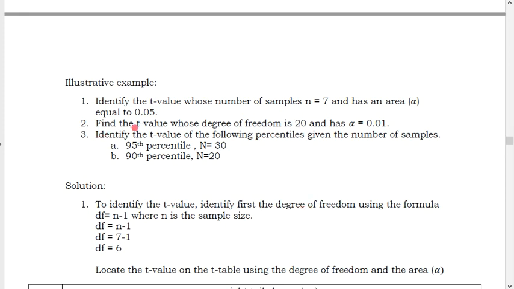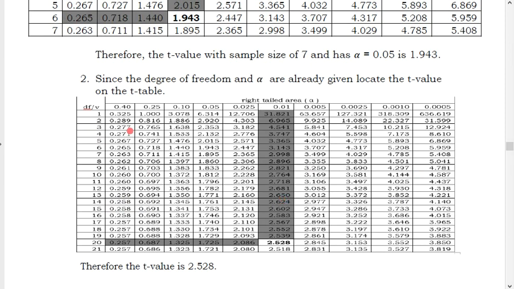In number 2, the degrees of freedom is given, which is 20, and we look for the area of 0.01. Again, the degrees of freedom was given, not the sample size.